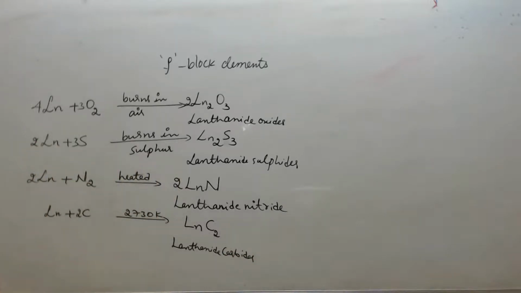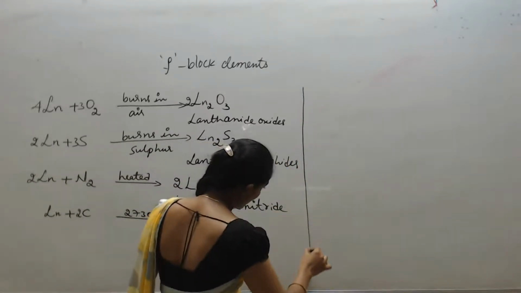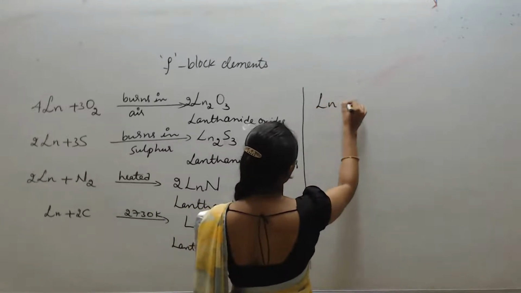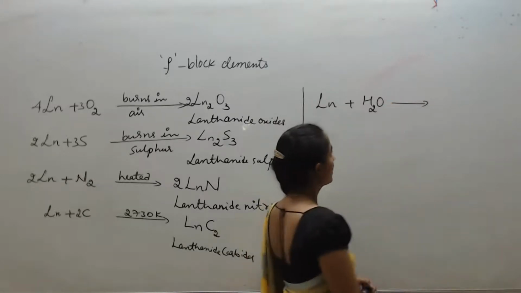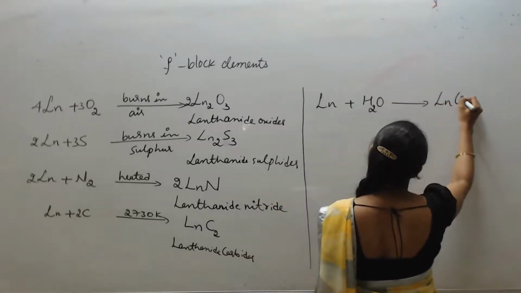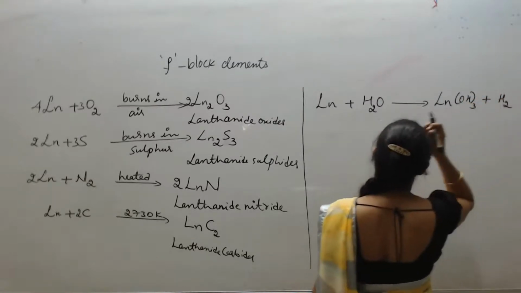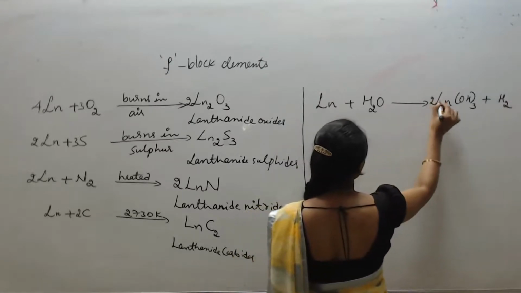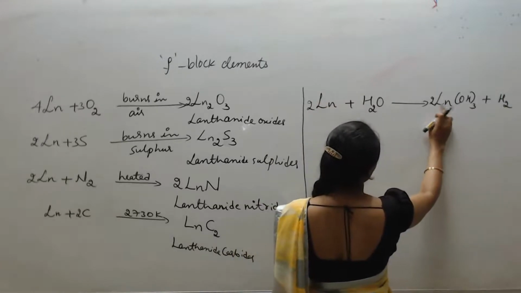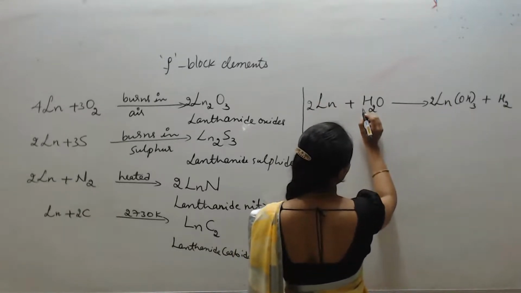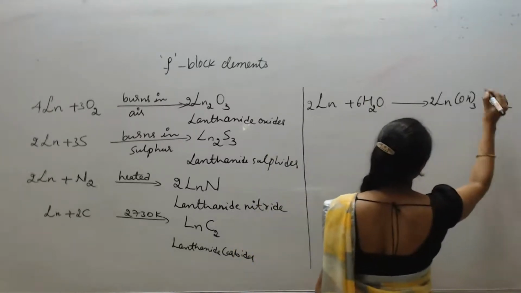The next one is the reaction with water. Lanthanides react with water and, when heated in the presence of water, give lanthanum hydroxide, Ln(OH)3, plus H2. If you want to balance this, it is 3H2.